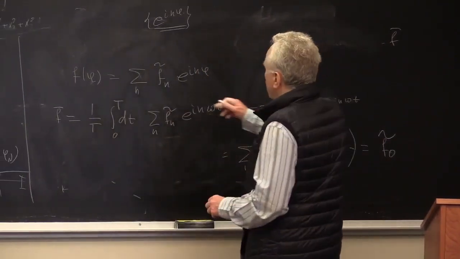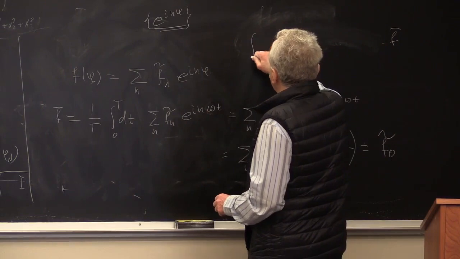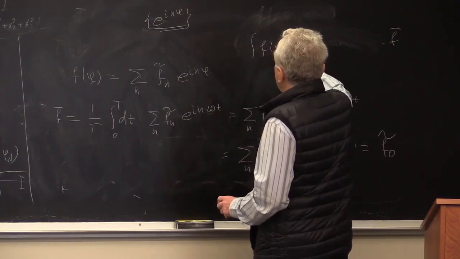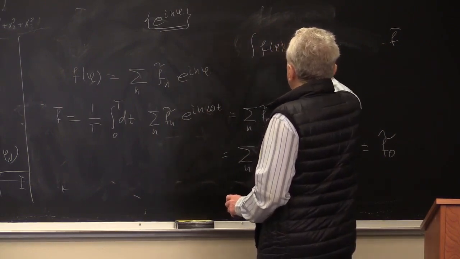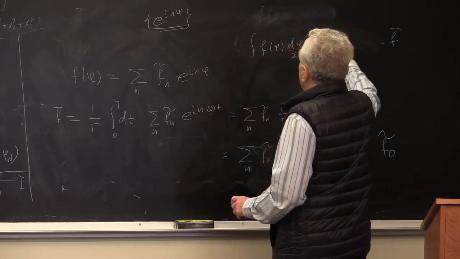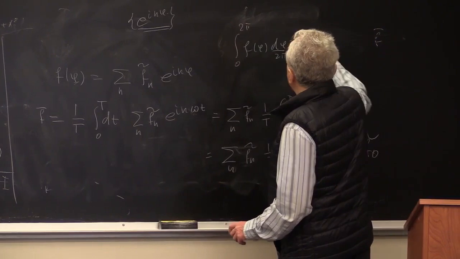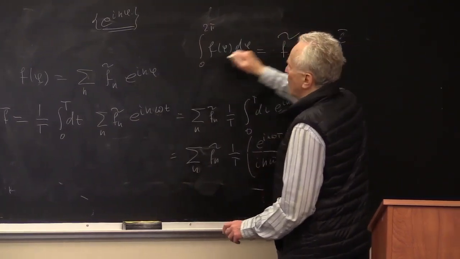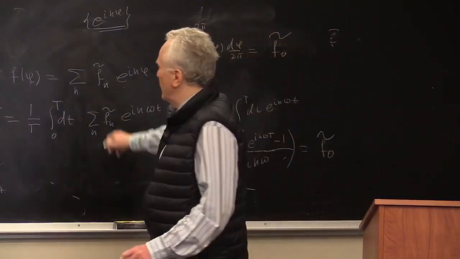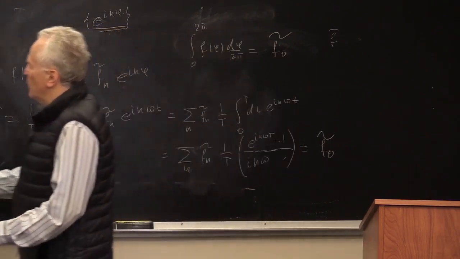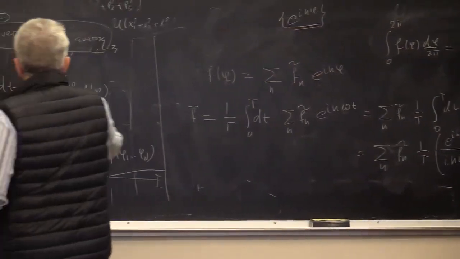Okay, but what is f_0 tilde? Take the integral of f of phi d phi divided by 2 pi from 0 to 2 pi. And this is f_0 tilde. Only the first term will contribute. So we proved it for the one-dimensional case.